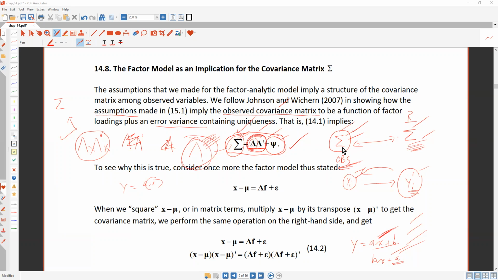And when we get into looking at structural equation modeling a little bit, we're going to see that this idea of reproducing the covariance matrix is really important, because it generalizes to a lot of models, not only factor analysis. You could even fit ANOVA and regression type models into this framework.